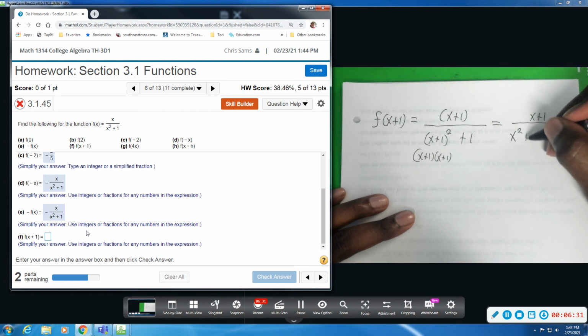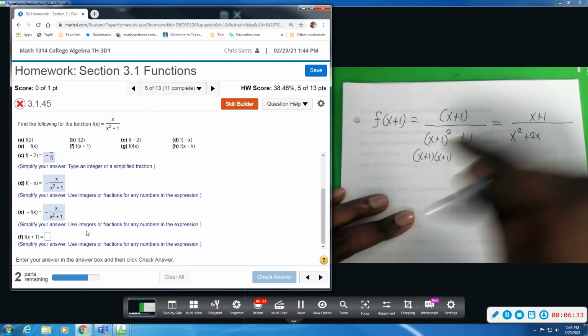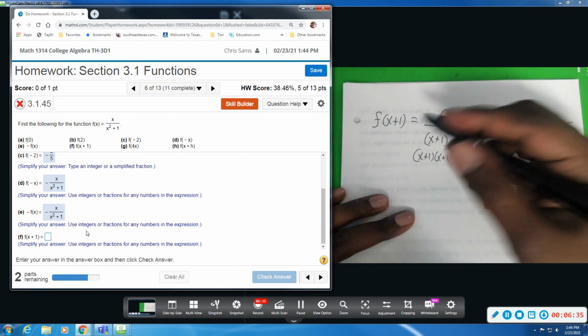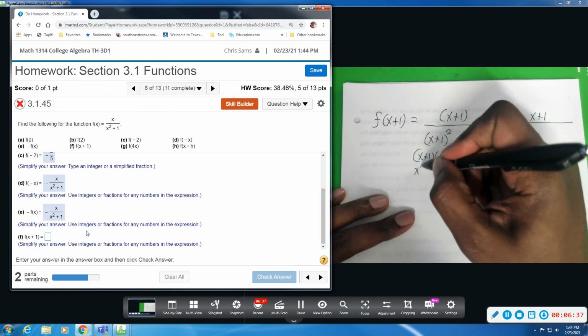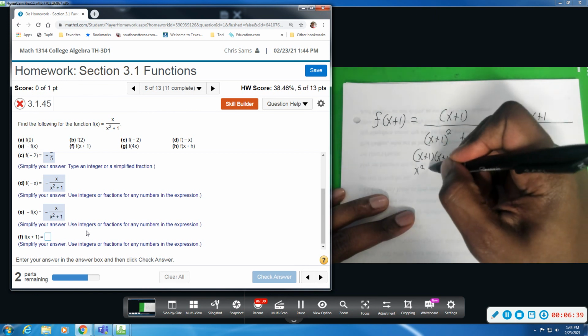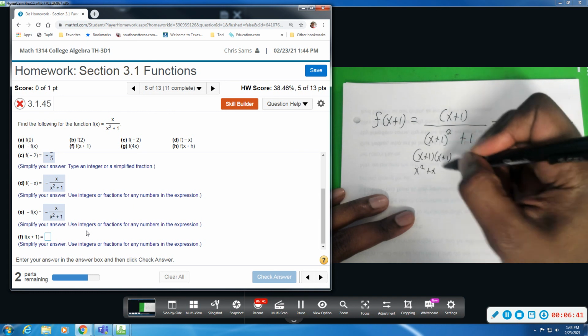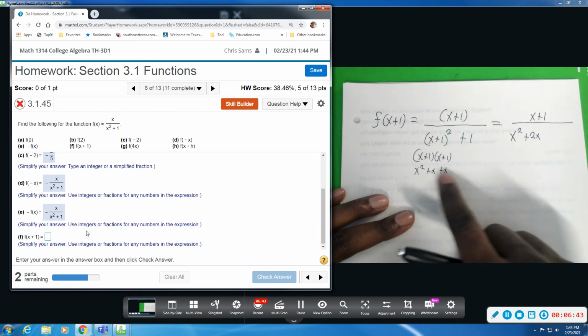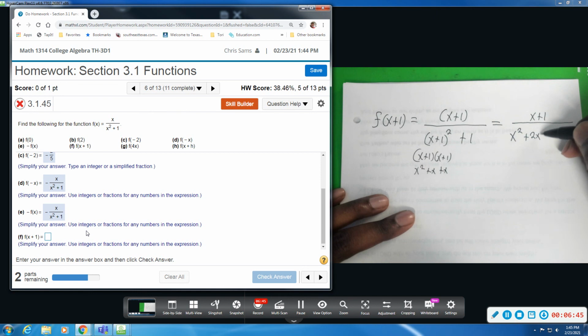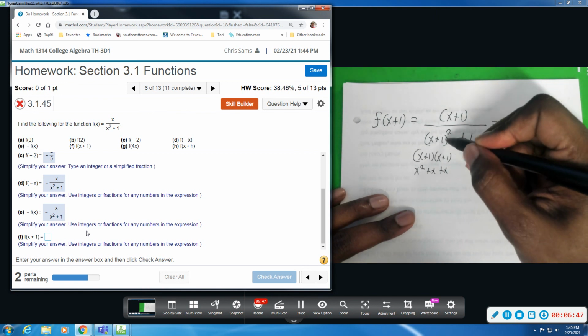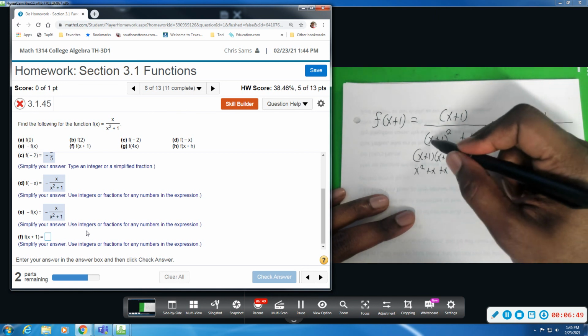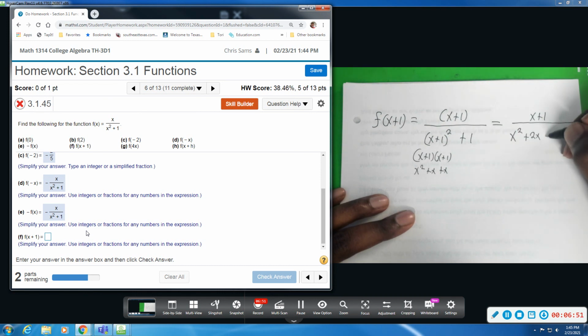You always multiply it times 2, because you'll have 2 terms when you do this. So you have x squared, and then there's 1x, and then this one gives you another x. That's why we do it times 2. There's 2 of them. And then you square the last term. So square, multiply and double, and then square. So this gives you a plus 1, and then we had another plus 1 out there.